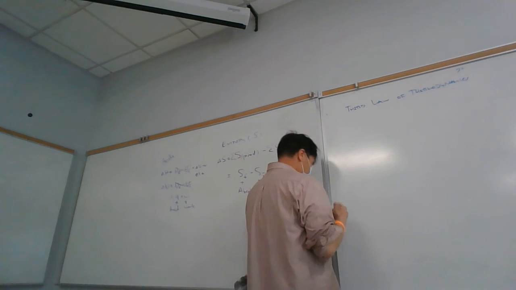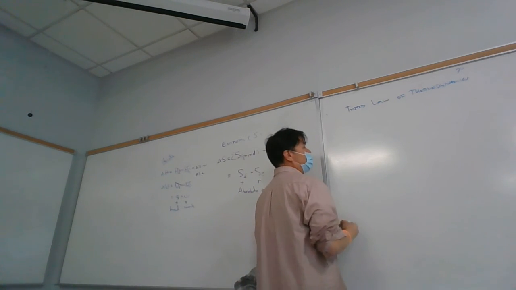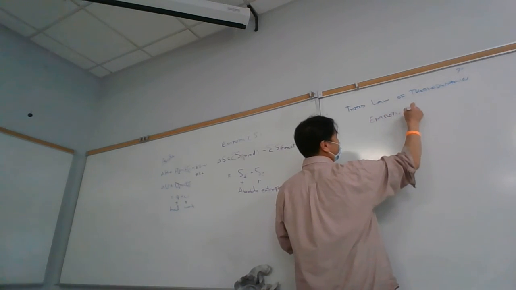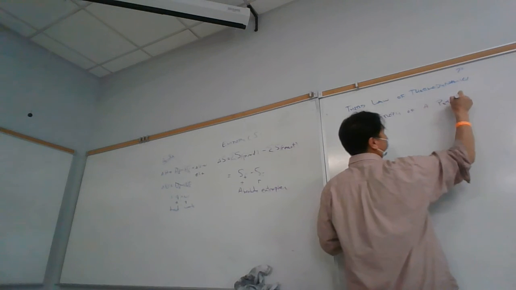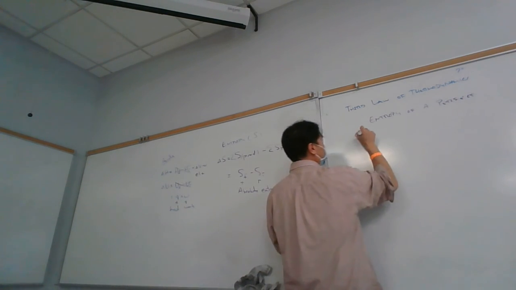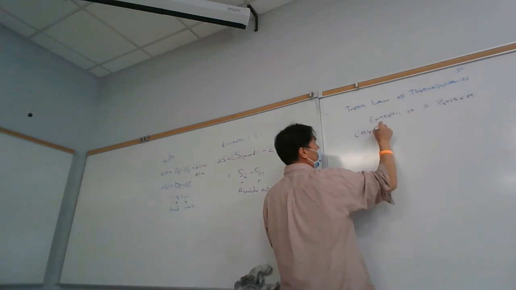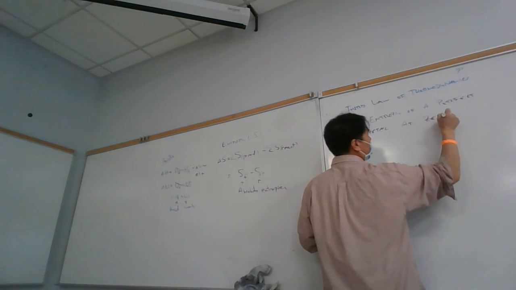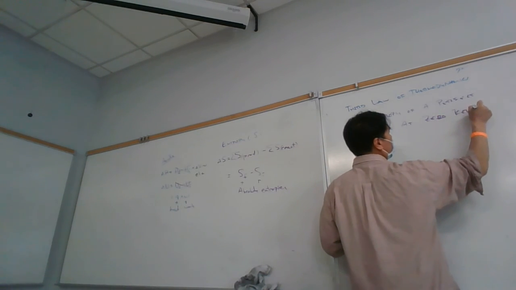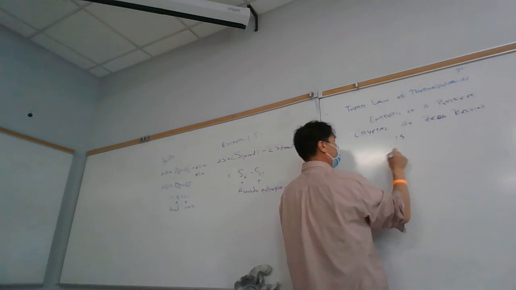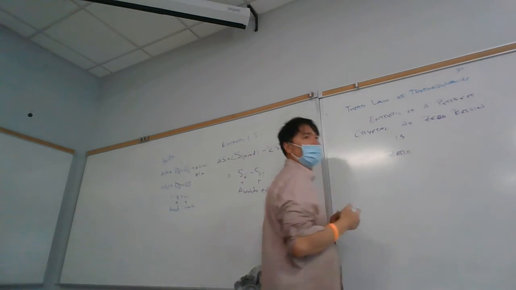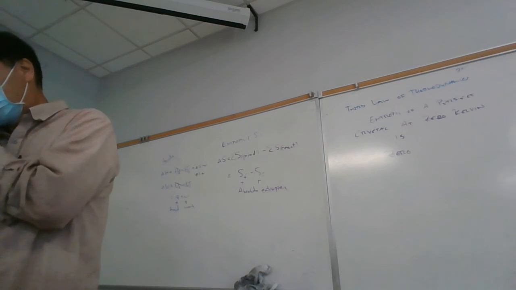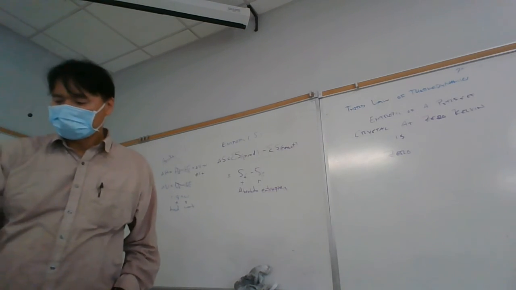The third law of thermodynamics states that the entropy of a perfect crystal at 0 Kelvin is 0. And so that tells us what 0 entropy is. 0 entropy is a perfect crystal.